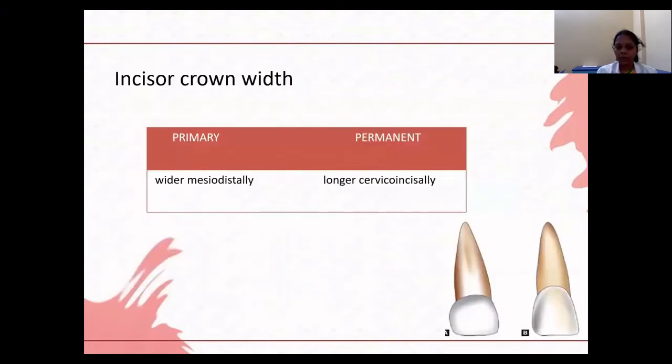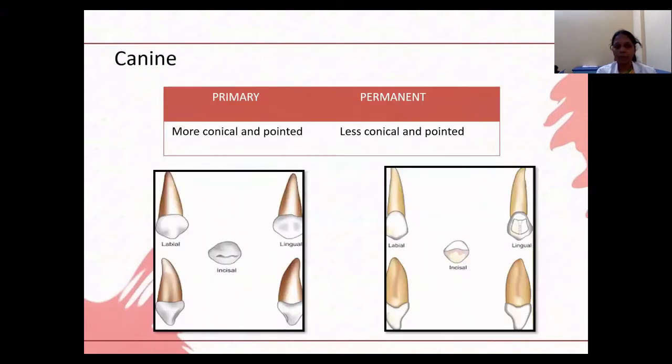Next, the special features. If you are seeing in incisors, the crown widthwise, I already told you that usually the mesiodistal width of the primary teeth is wider when compared to that of the permanent teeth. But for permanent teeth, usually the cervico-incisal height will be longer when compared to primary teeth.